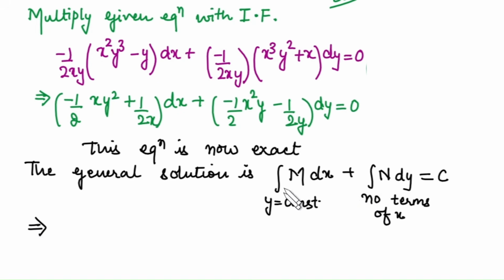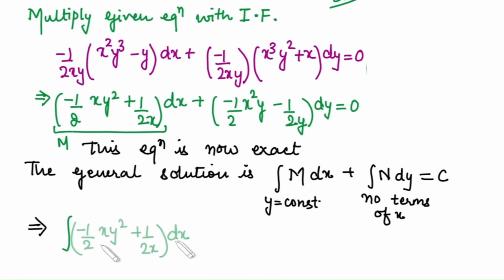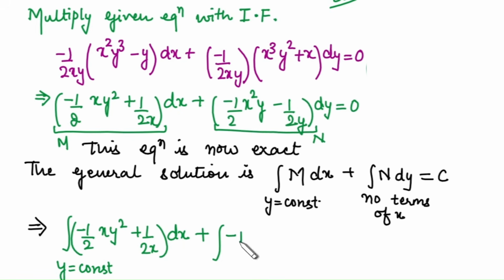Using this formula we can write integration of m. So this is the m, keeping y as a constant, plus integration of n but no terms of x. So here we have n this. It contains two terms, but this term contains x. Here we are not getting any term of x. It means we can take this now is equal to constant.